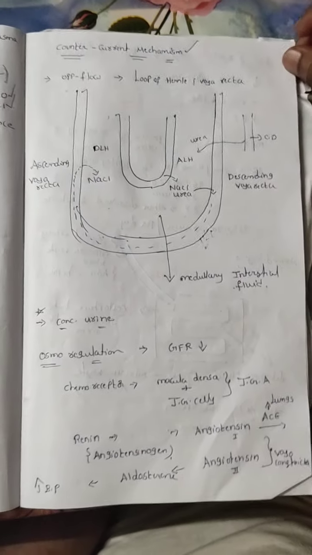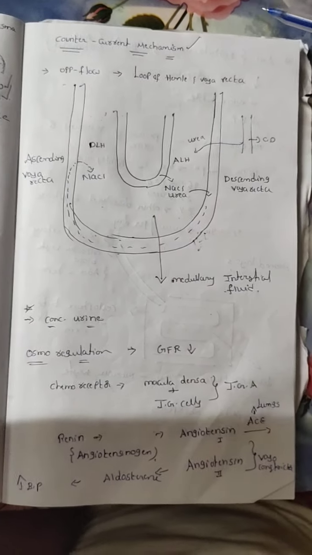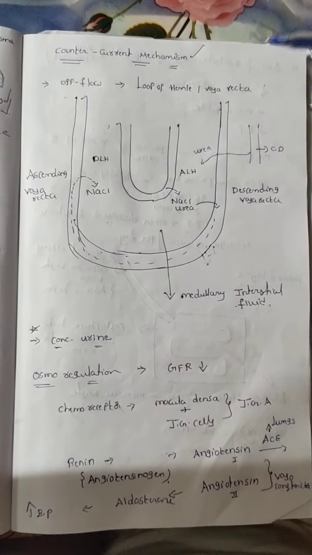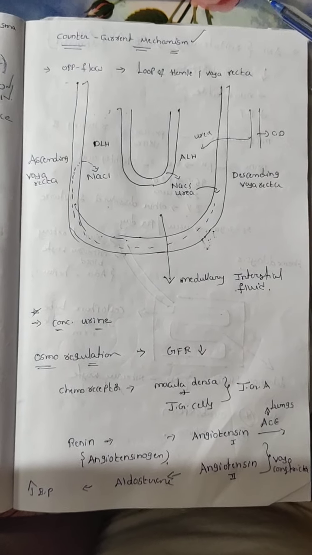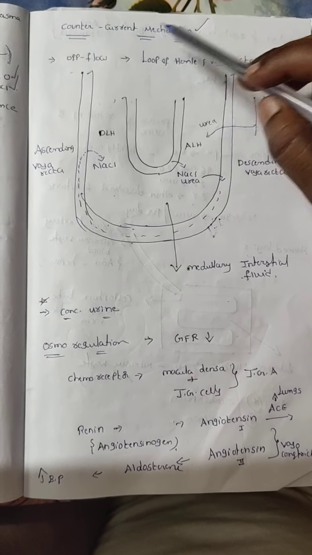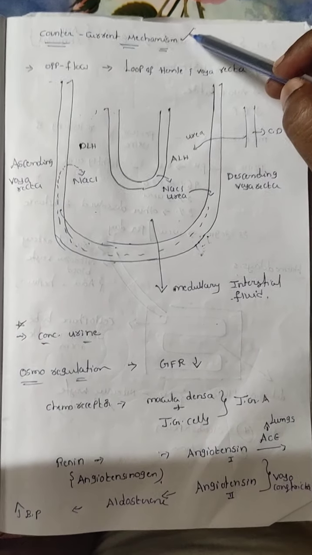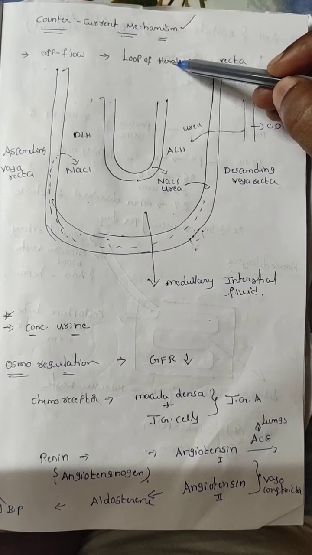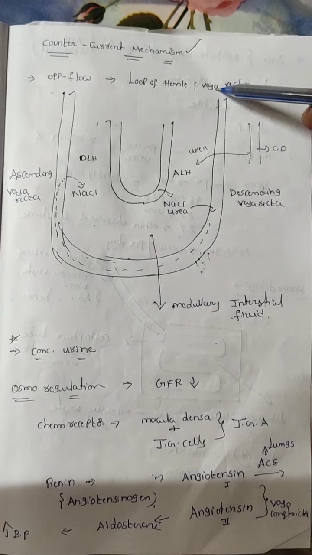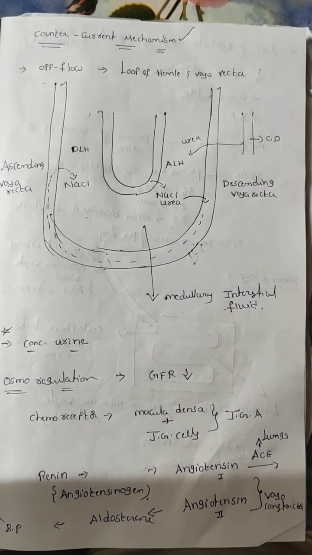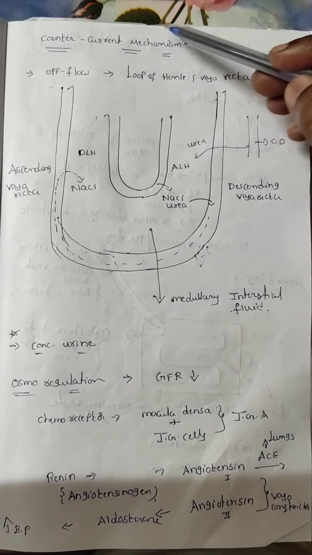Now a very important concept, called the counter current mechanism. Counter, you have to understand as opposite flow. The second point: where does this counter current mechanism take place? It is between the loop of Henle and the vasa recta. What is the main use of the counter current mechanism?